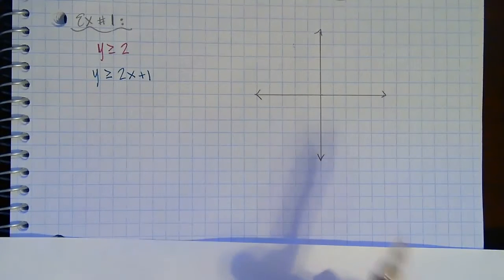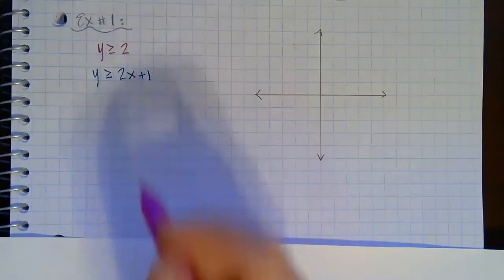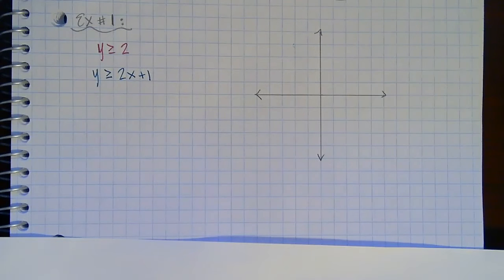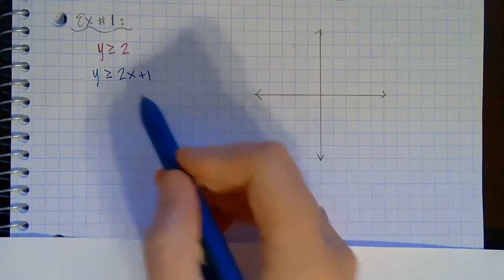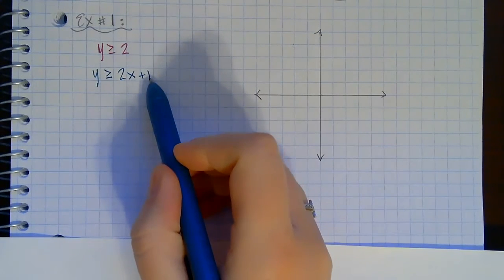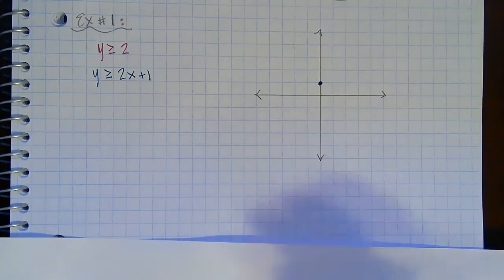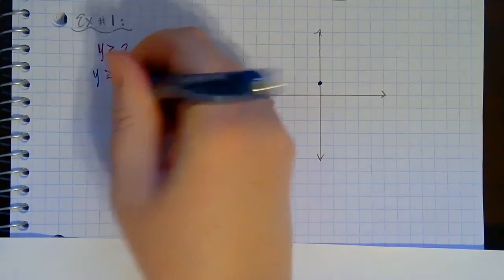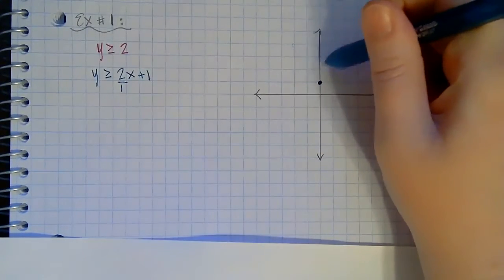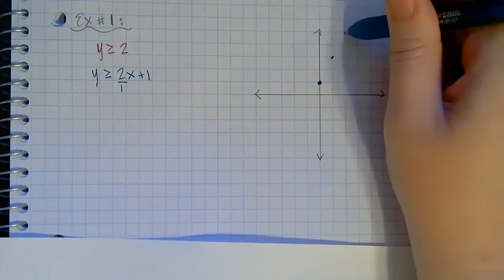First thing we're going to do is graph it, just like a regular line. I'm going to do the blue one first because that's one we definitely know how to graph. It says +1, so I'm going to start at 1 as the y-intercept right here. And then the slope is 2, which is 2 over 1. So I'm going to go up 2, right 1, up 2, right 1.